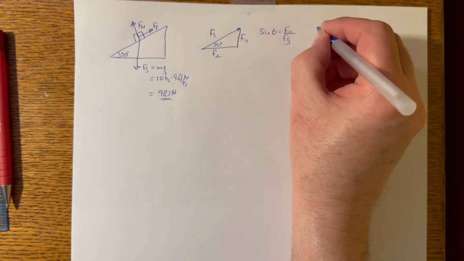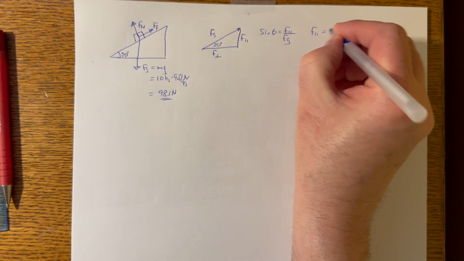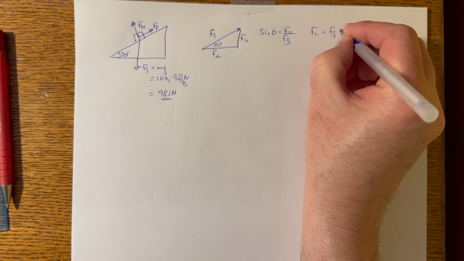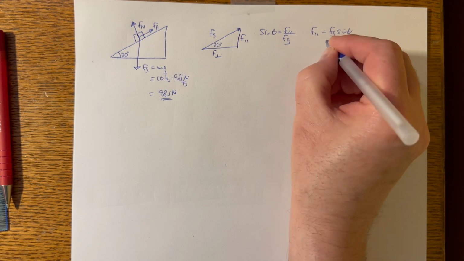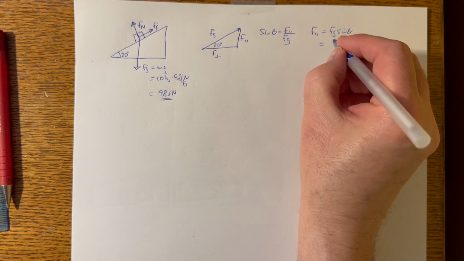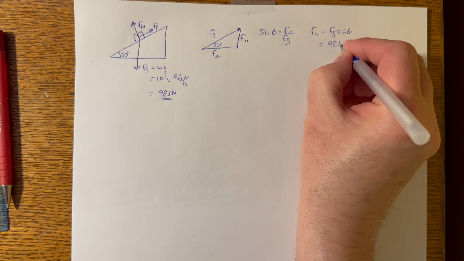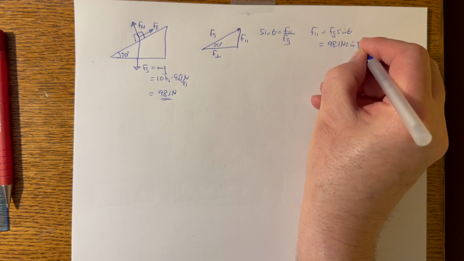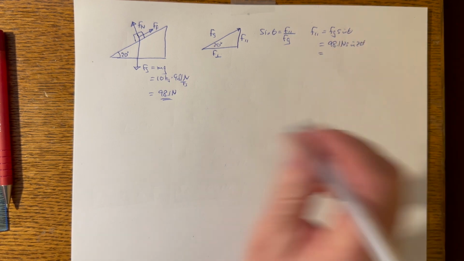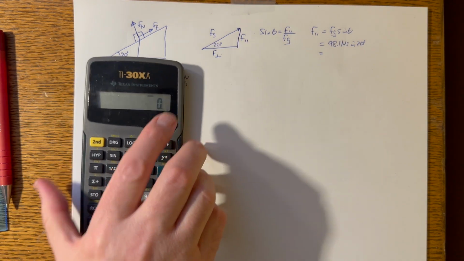The parallel component is going to be F parallel equals force of gravity times sine of theta. So that's going to be 98.1 newtons times sine of 20 degrees. Let's make sure we're in degree mode, of course.